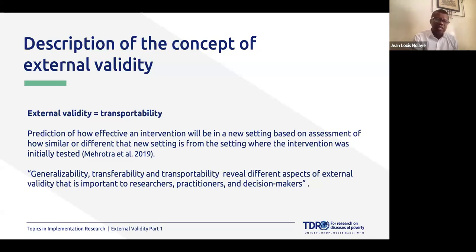So generalizability, transferability, and transportability reveal the different aspects of external validity that is really important to researchers, practitioners, decision makers, but also to all the communities.